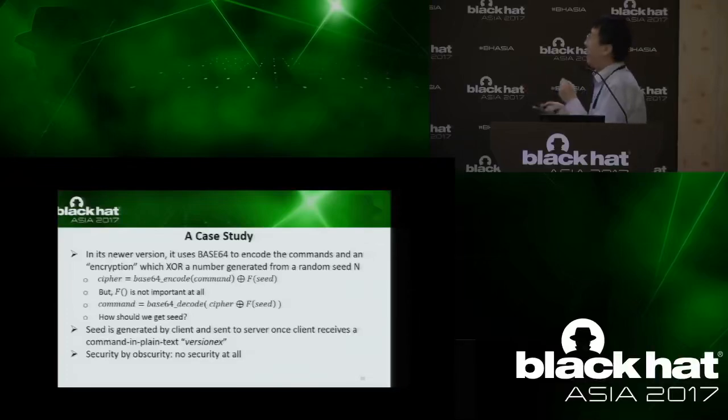So actually, if we further examine the code within the APK file, we find that if we send a plain text version of the command, we will get the seed. So overall, we can figure out how this is done eventually. It is a kind of protection mechanism, but it's security by obscurity. Basically, it means there is no security at all. Okay.